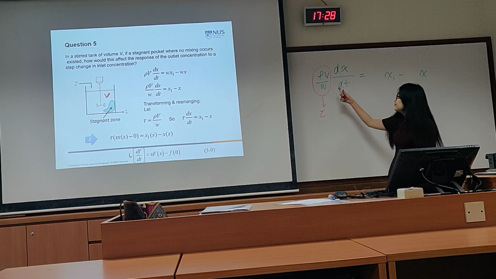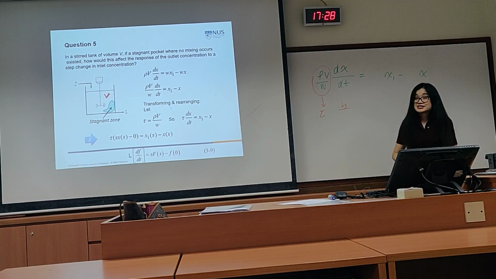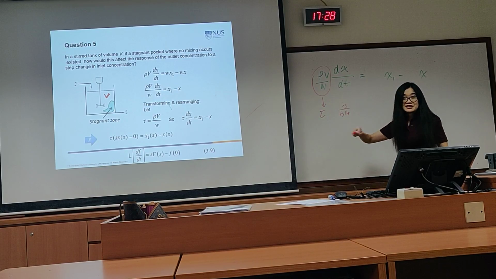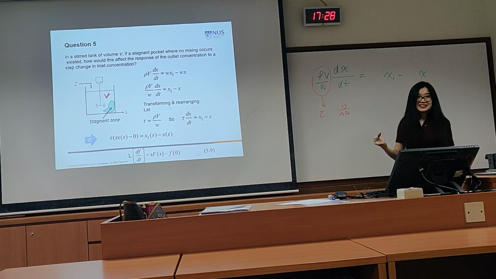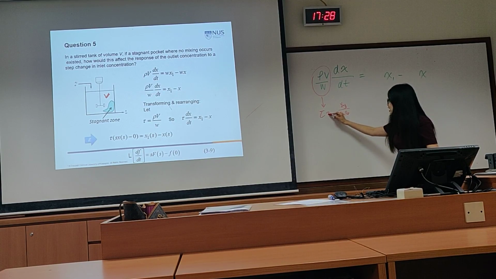Rho is density and V is volume, so this is mass, with a unit of, say, kg. But the denominator is a mass flow rate, so it's kg per hour. Therefore, if you divide rho V by W, this term itself has a unit of time.